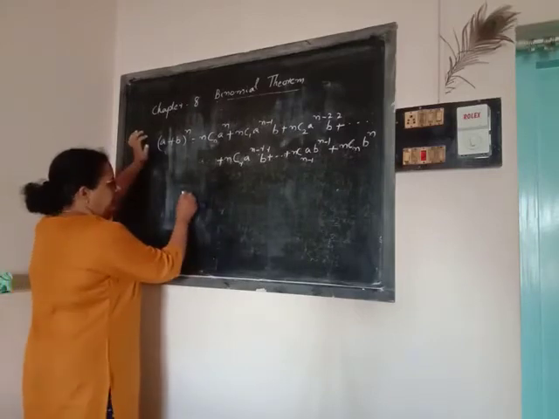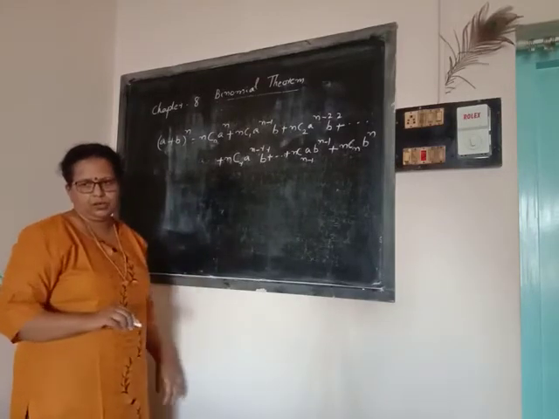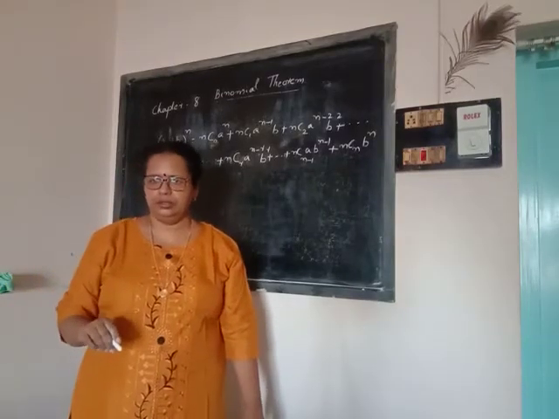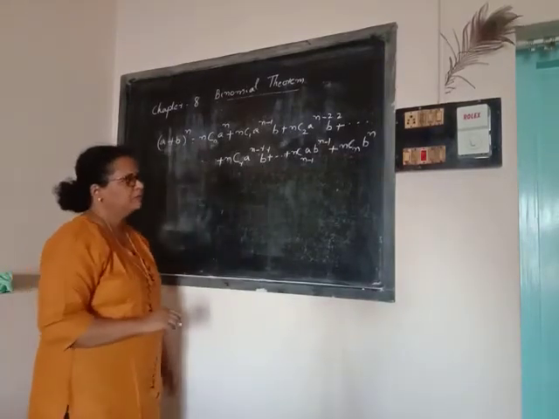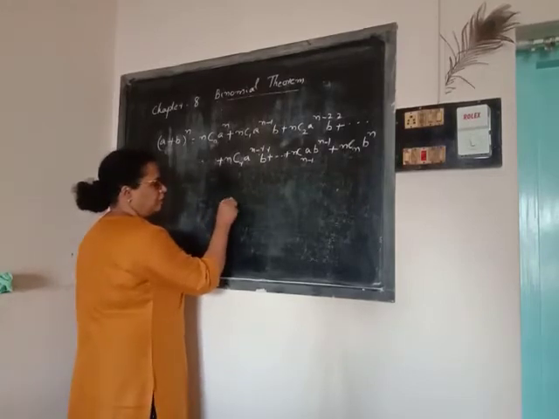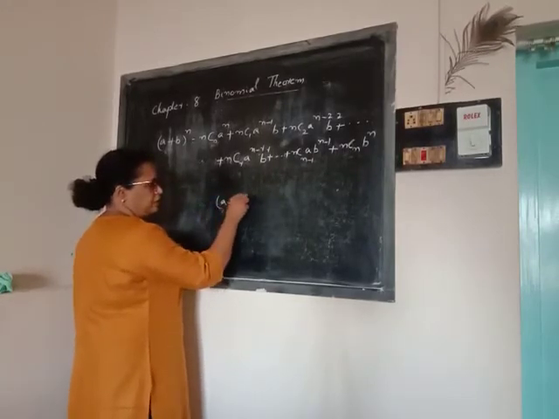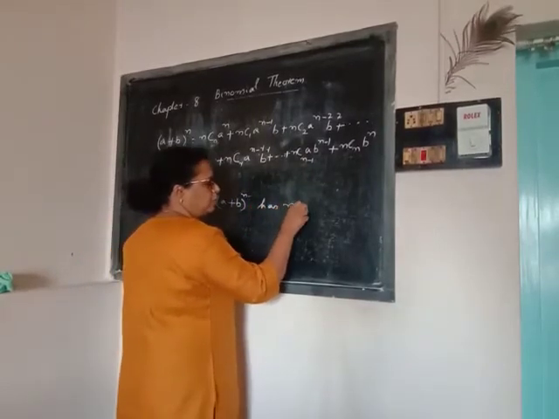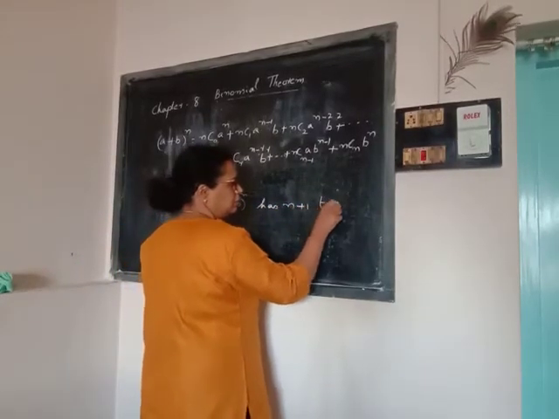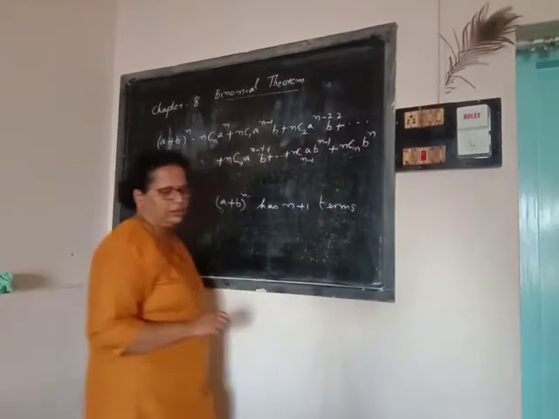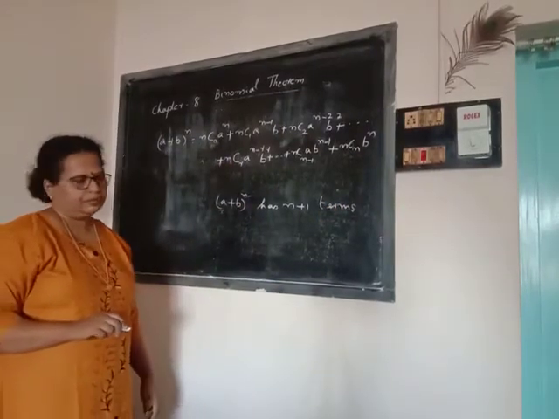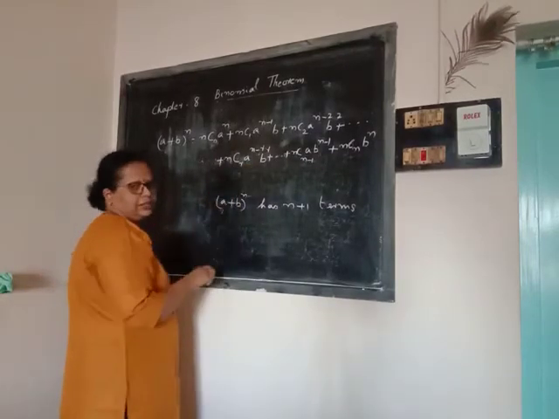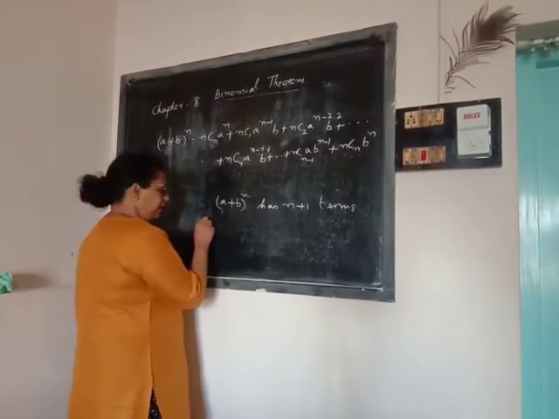So you write the expansion of A plus B whole raised to n has n plus 1 terms. Then we already wrote the general term. Again you write the general term.